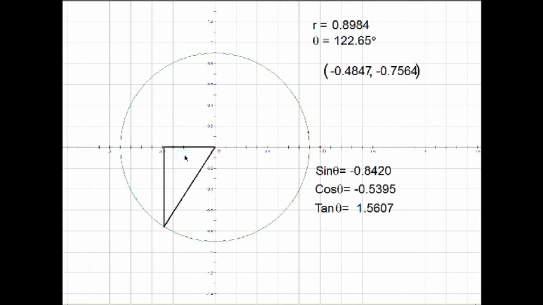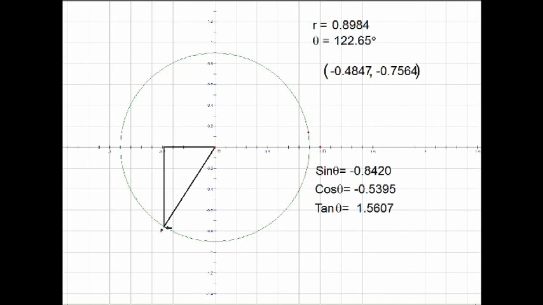That's because it's really based on the coordinates of this point P here. Check it out. If you consider the vertical side of this, it's really the y coordinate of the point P. So since the y coordinate is negative, the sine is going to be negative.